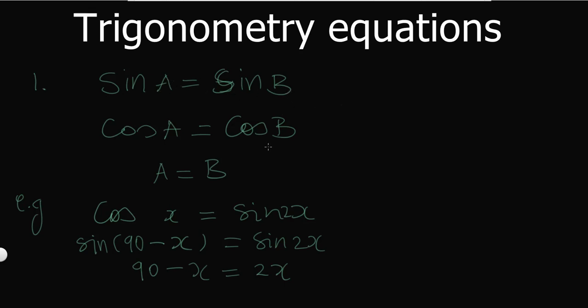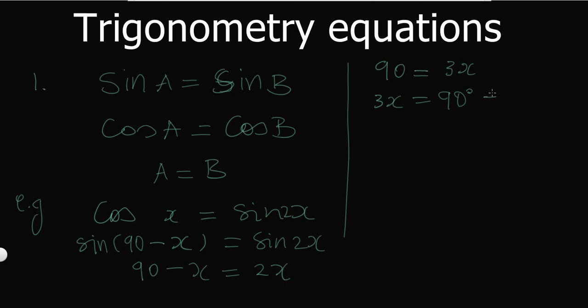So we change cos to sine, so we can have both sides sine. Therefore, we'll have 90, and this side will be 3x. So I prefer to write 3x is equal to 90 degrees.